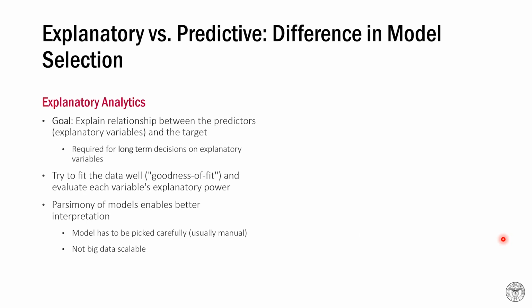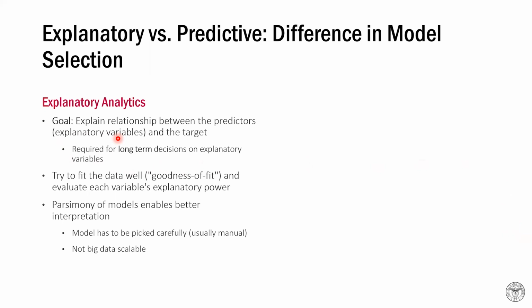In explanatory analytics, our goal is to explain the relationship between the predictors, explanatory variables, and the target. So we care more about the goodness of fit of the model, and each variable's explanatory power is important.